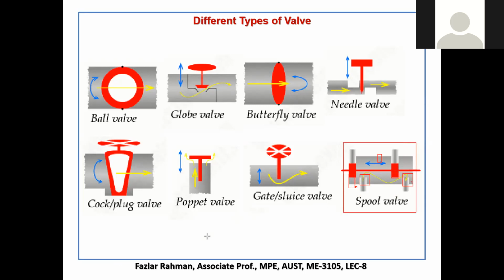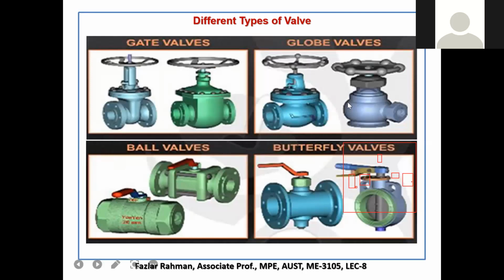Okay, this is a schematic diagram, but right over here you will see some real ones. If you travel in Mirpur 10, you look at the overbridge on the left-hand side, on the east side, you see there is a station, the control of the gas supply. And if you look carefully, you will see a lot of valves there.